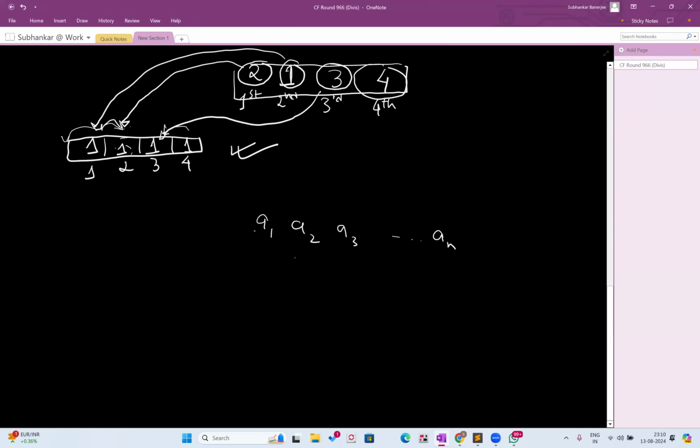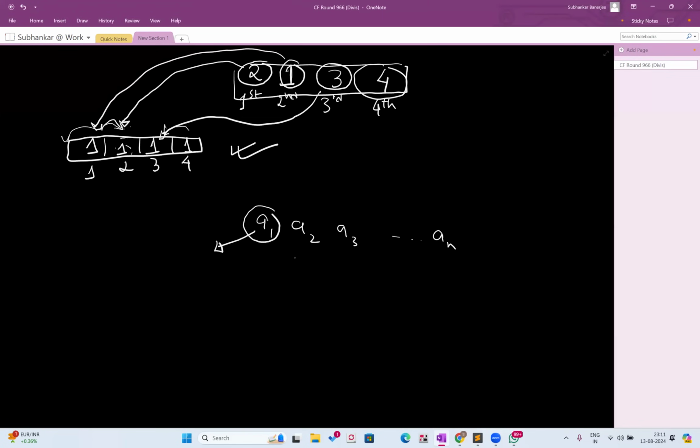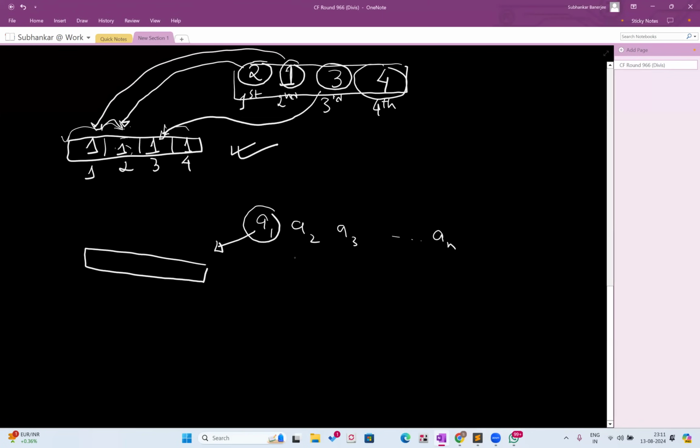The first passenger can always sit, because when the first passenger comes with a request to sit at the A1th seat, he can just go and sit since all the seats were unoccupied before. So whenever passenger A1 comes, I'll give the A1th seat to him.